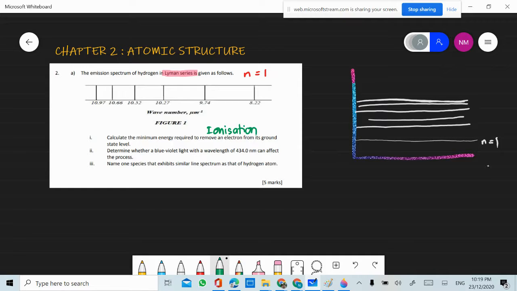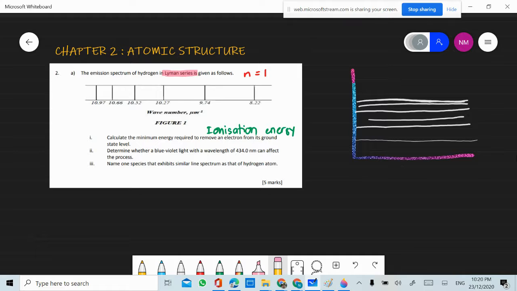If the electron is removed, starting from n1, because this is the Lyman series, that means originally our electron is from n1. So our n1 is here, not here, but basically the lowest.